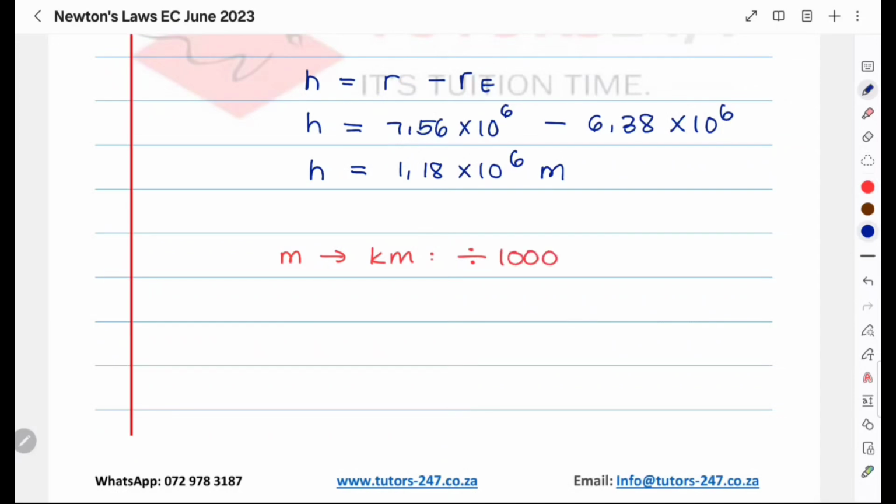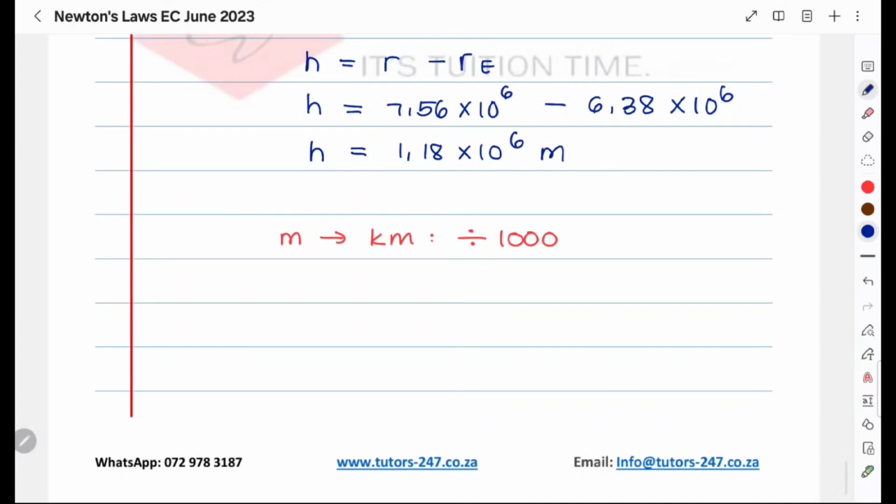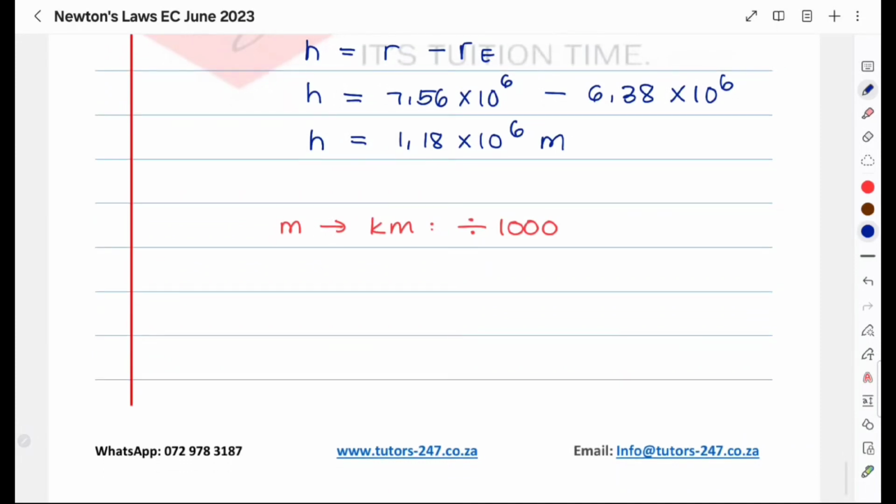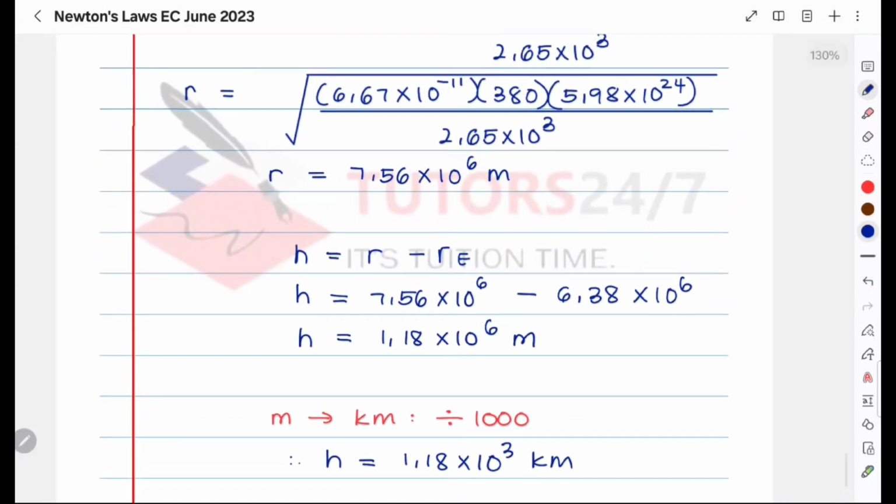Alternatively, you can multiply by 10 to the power negative 3. So we will therefore have our height as equal to 1.18 times 10 to the power 3 kilometers. So that is it.